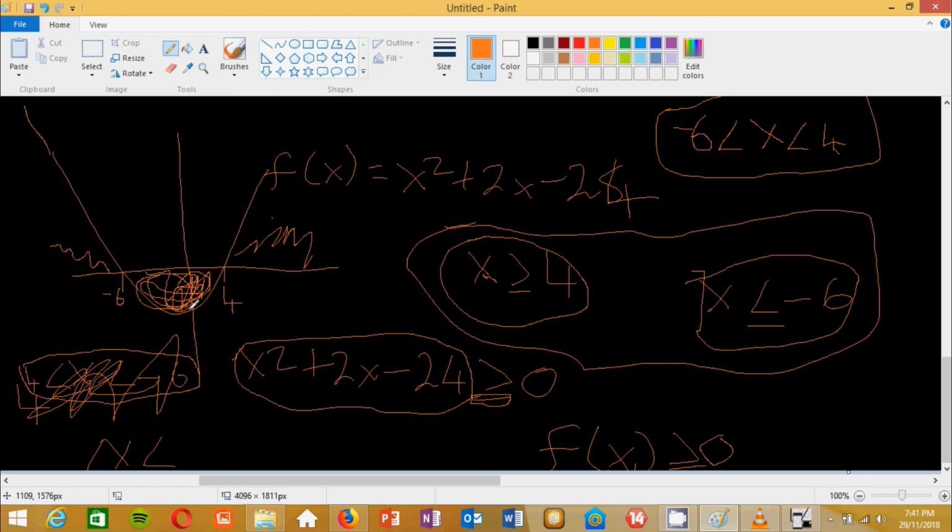As you can see, this part of the graph is below the x-axis, so every single y value in here is negative, it's below 0. So if we pick any x value inside this region, this inequality will not be satisfied.